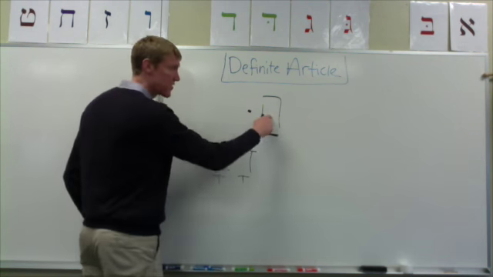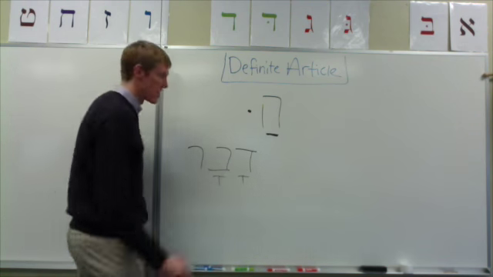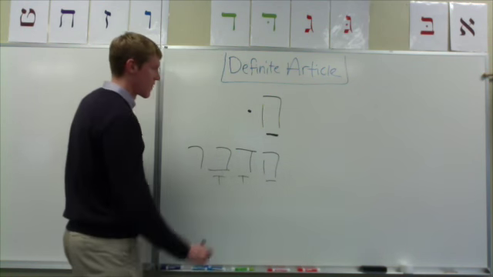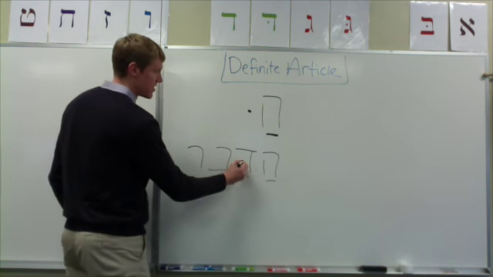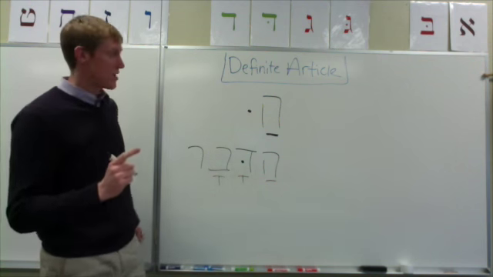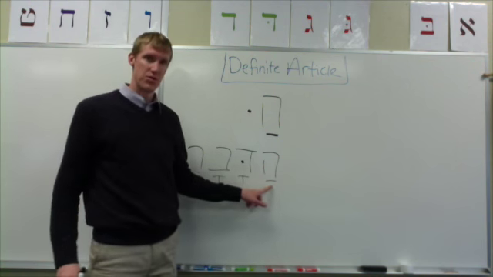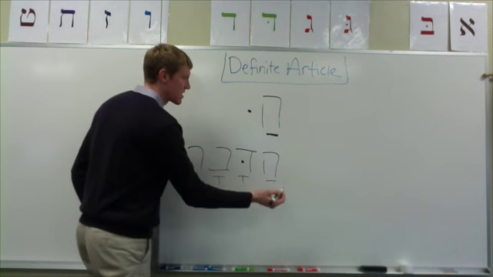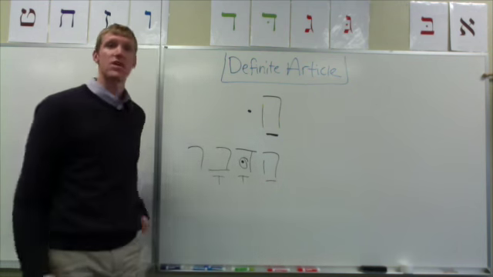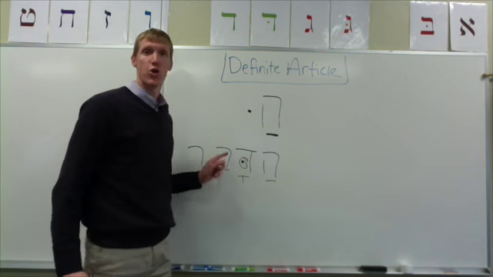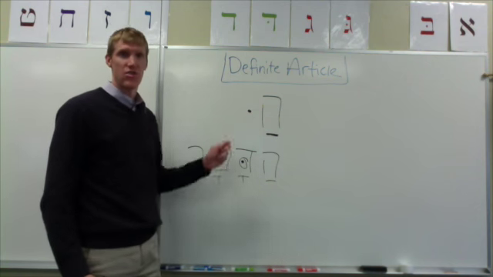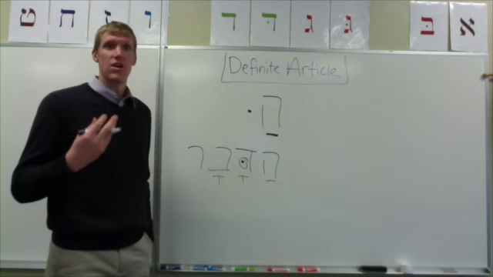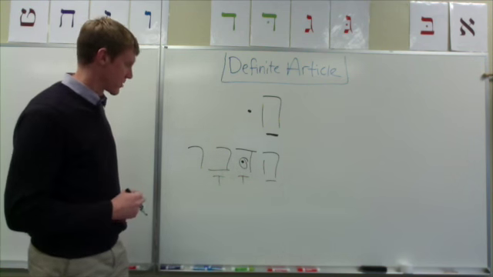So if we put the definite article on the word davar, the dagesh there is a dagesh forte because it follows an open syllable. It follows a vowel. So you have the hey, the patach, and the dagesh forte. This is the word, or the event, or the matter, not just a word, an event, and so forth.